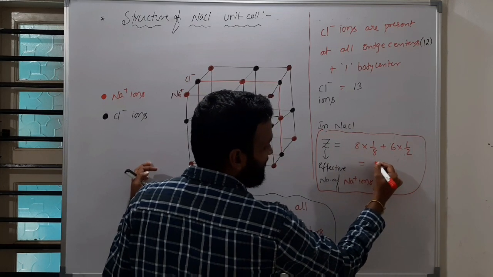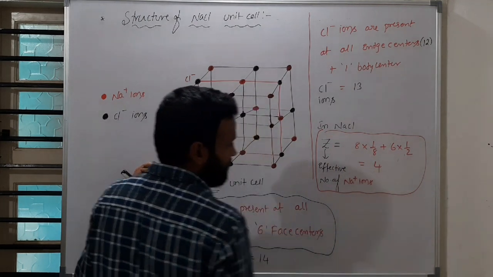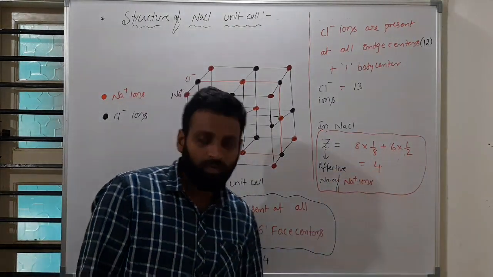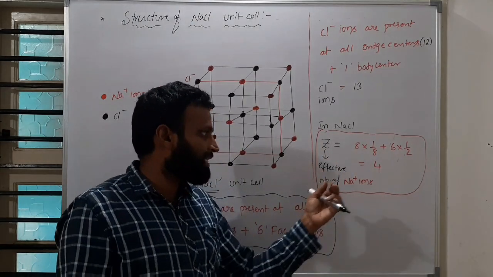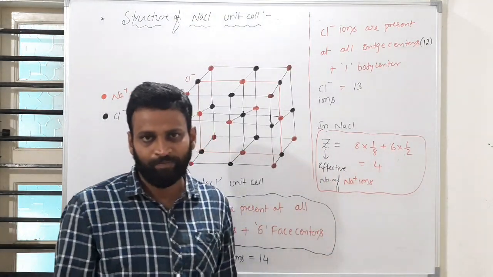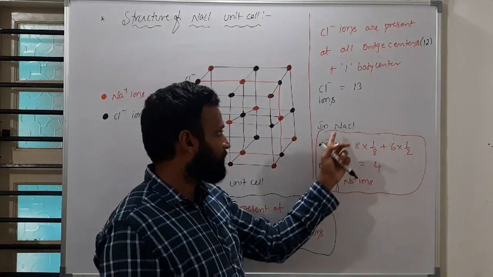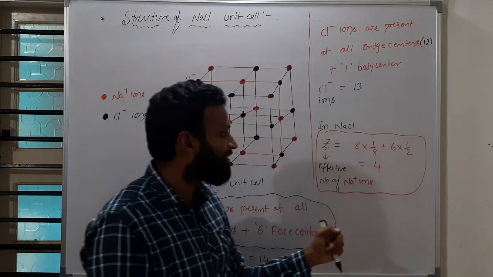That means 1 plus 3, that means 4. So the effective number of atoms in NaCl is 4. That's why we can consider it as FCC, face centered cubic, or CCP, cubic close packing. So the effective number of Na plus ions is 4.